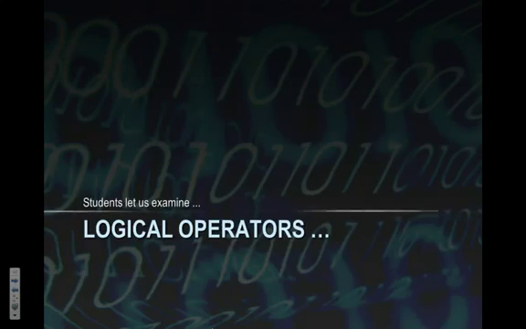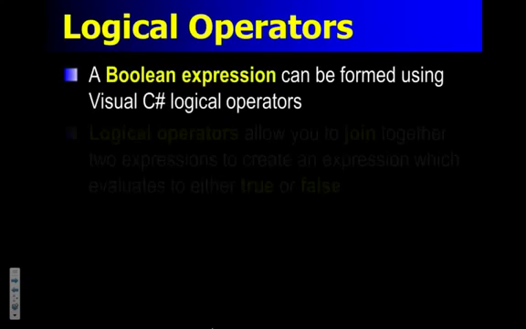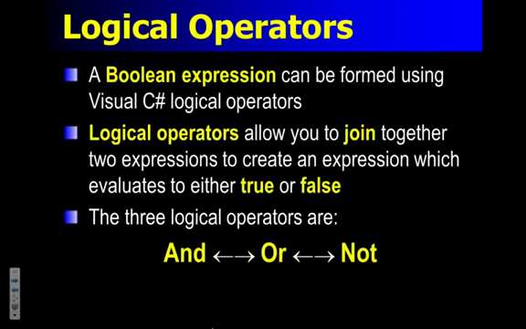Now, it does make natural sense when you start thinking about it, but when you apply it to code, it is very kind of cryptic. It looks different. So in C#, you have these things called the logical operators, and you create a Boolean expression, which means it becomes either true or false. But sometimes you want to join these things together. And you can join them using 3 logical connectors, the words and, or, and not.